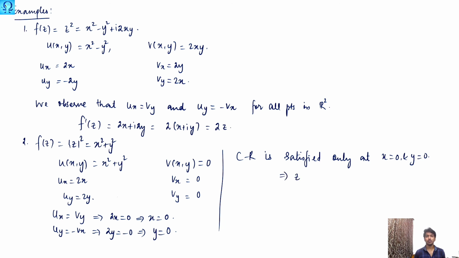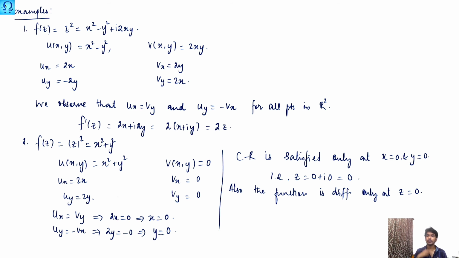This means only when z is 0 plus iota times 0, a complex 0, the CR equation is satisfied. Also the function is differentiable only at z equals 0.